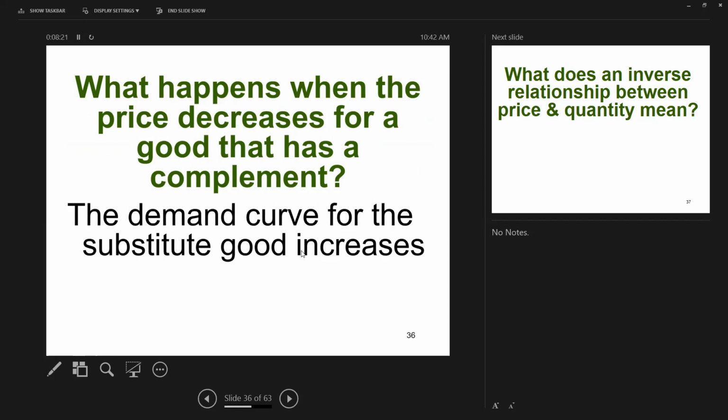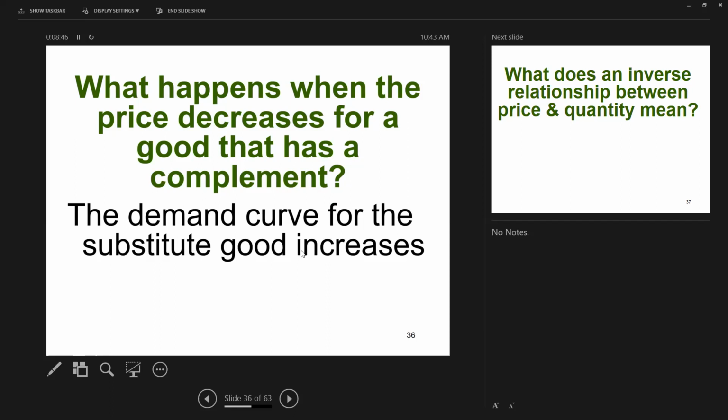That would cause an increase in the quantity demanded for computers. We'd move down the demand curve for computers. That would cause quantity demanded for computers to go up when the price decreases. People are going to buy more computers, and they're going to want more printers to go with them. So that would increase the demand for printers.